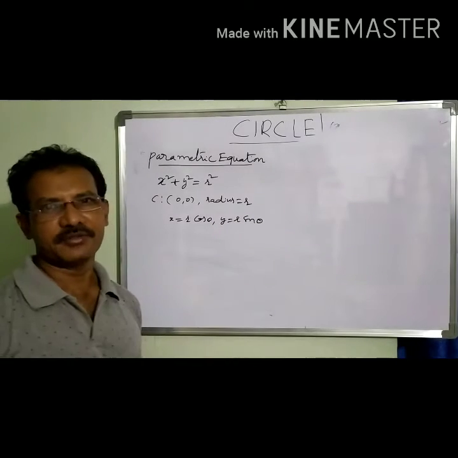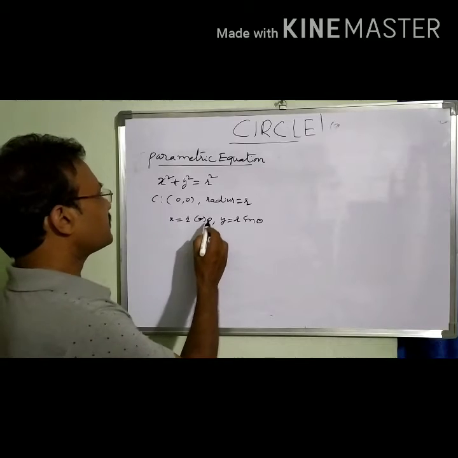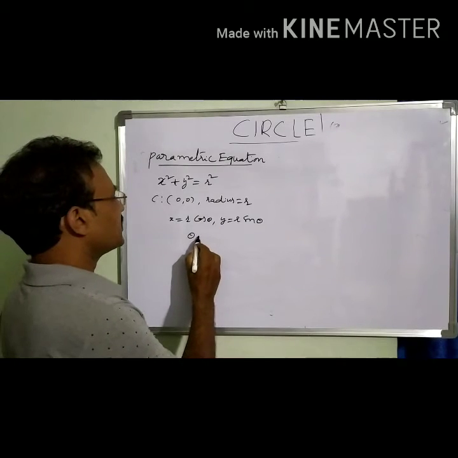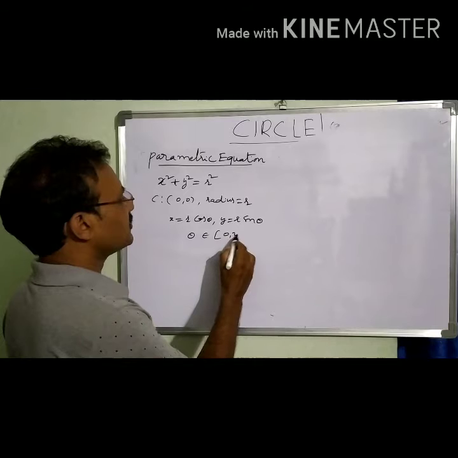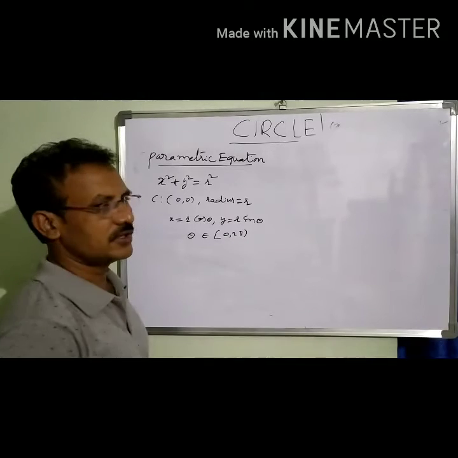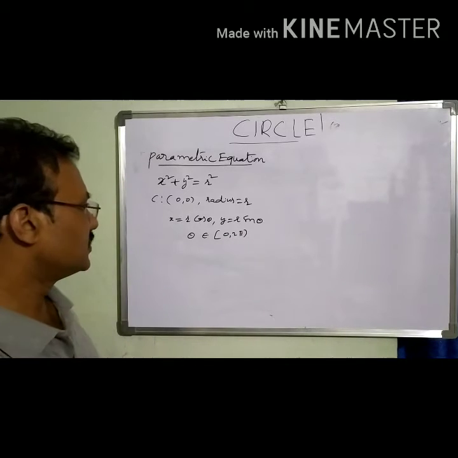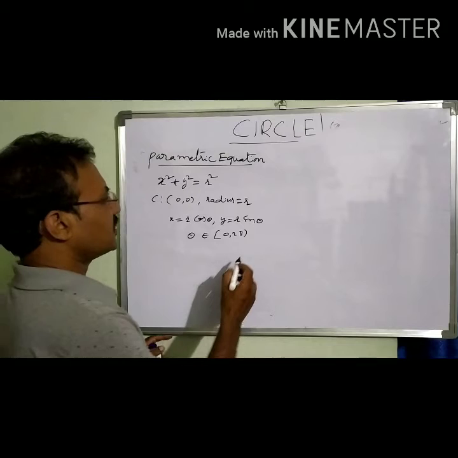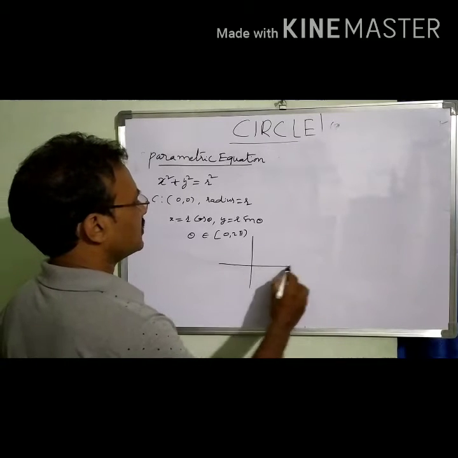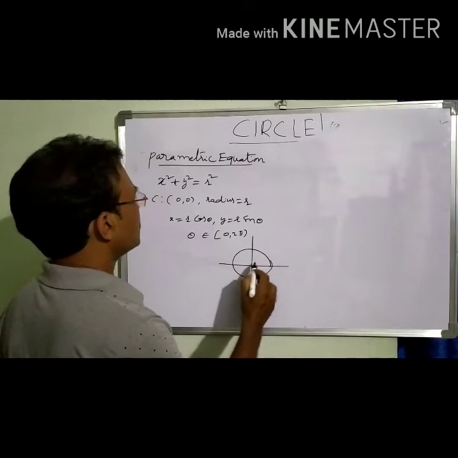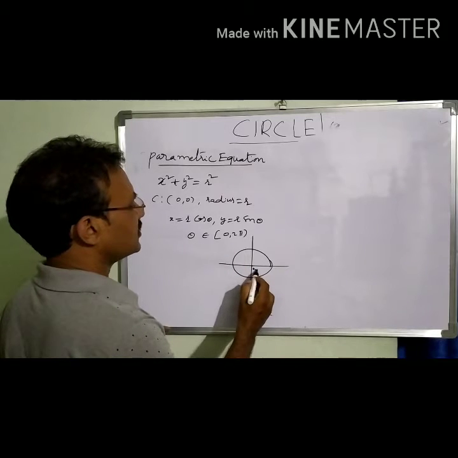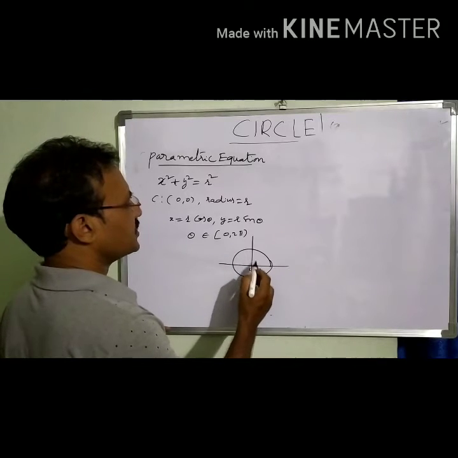This is the parametric equation, where theta is the parameter, which belongs to the closed interval [0, 2 pi]. Suppose you see it graphically: the standard circle equation has center at the origin (0, 0) and radius r.